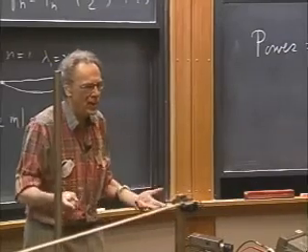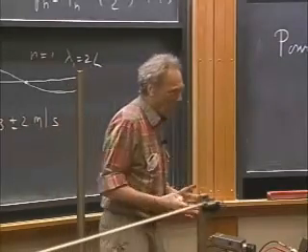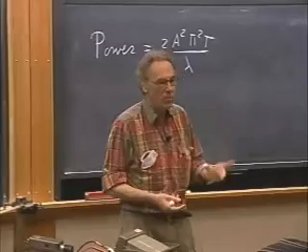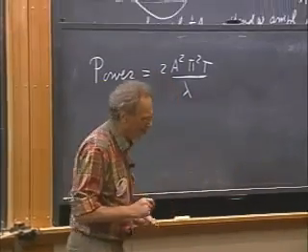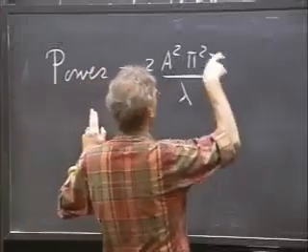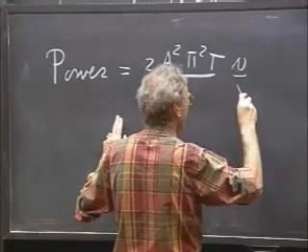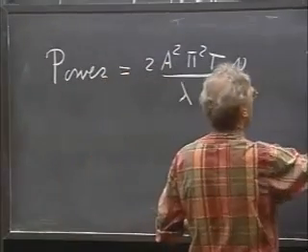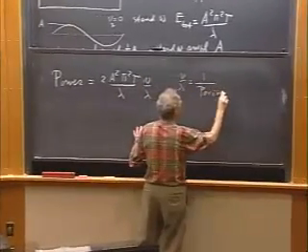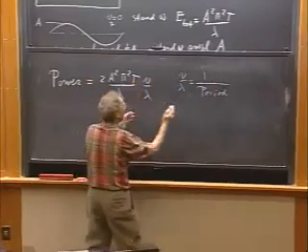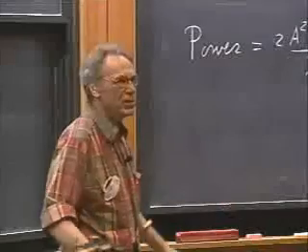And the period of the oscillation is the same as 1 over the frequency. And 1 over the frequency is v divided by lambda. So therefore the power is simply the energy that I'm generating, and v divided by lambda is 1 over the period of one oscillation. Energy divided by period, the time that it takes to make one oscillation, is per definition power.